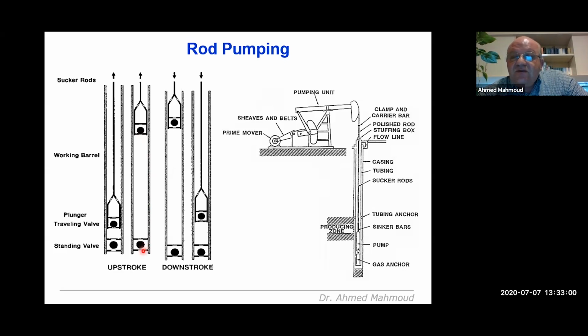And this gives you the ability to take fluid from the reservoir. It's a suction process. And then on your way down, the ball of the standing valve will sit on its seat and prevent fluid from going back inside the reservoir, while the ball here will be unseated to enable the traveling valve to go in and reach the top of the standing valve.